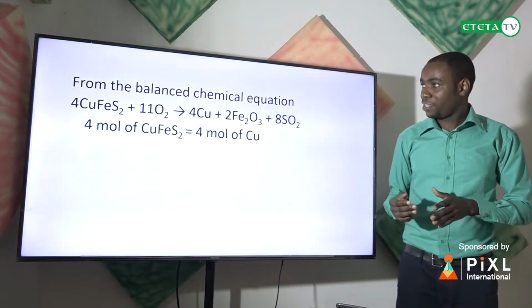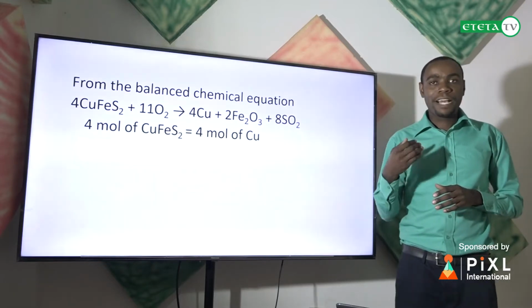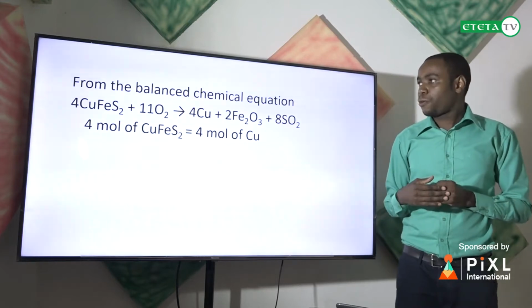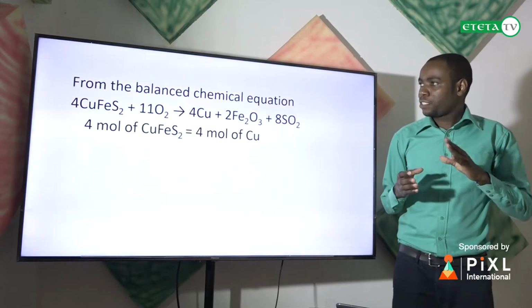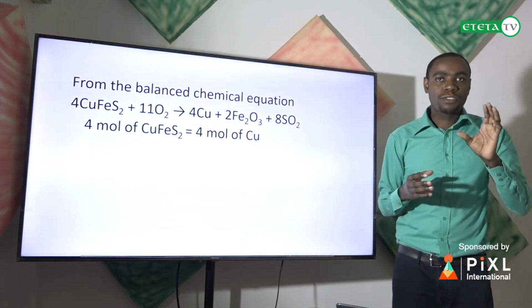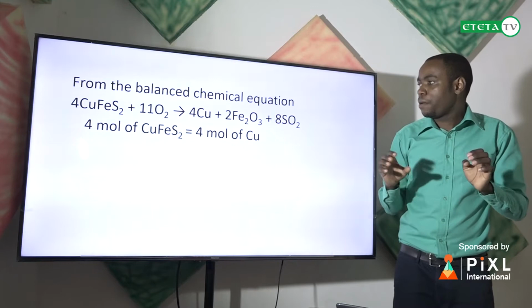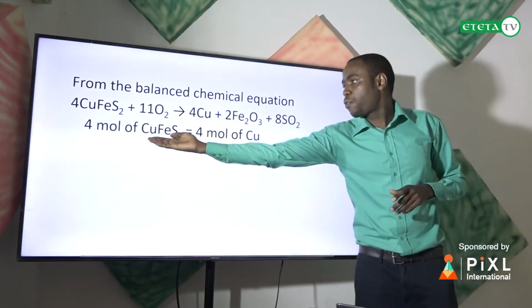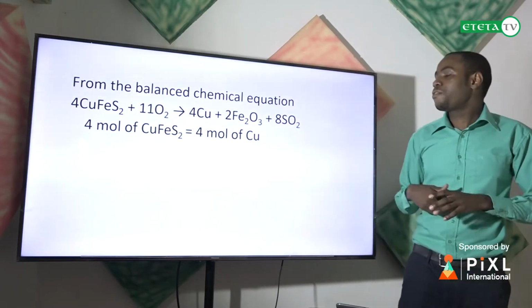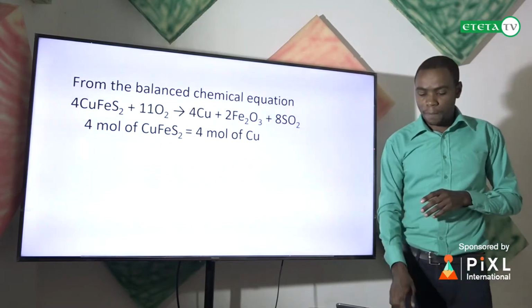Because you have been asked to calculate the mass of copper, here you are going to compare the mass of the reactant which you have been given, and the mass of what you have been asked to calculate. Now 4 moles of copper pyrite is equivalent to 4 moles of copper.